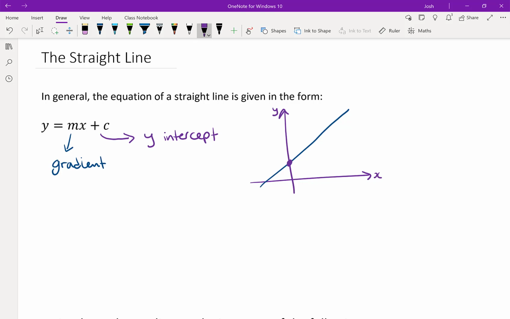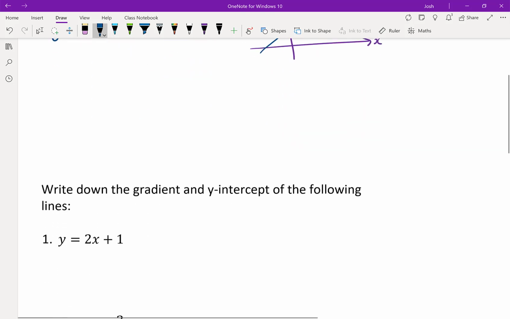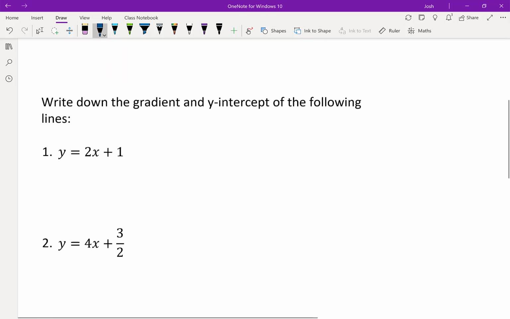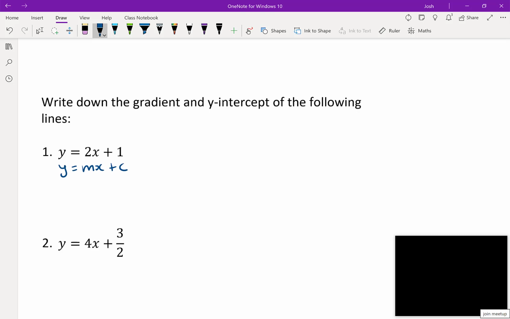But just now, all we're going to do is practice making sure that we can interpret the numbers from the equation. So all we're going to do is look at writing down the gradient and the y-intercept of the following lines. For the first one, I want to check and see, is it in the form y equals mx plus c? Yes, it is. Something times x plus the y-intercept. So what was my gradient?